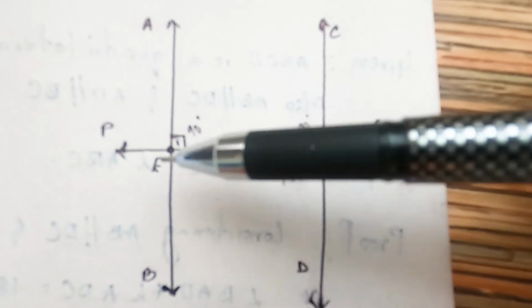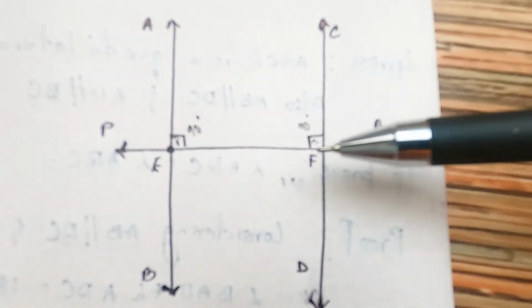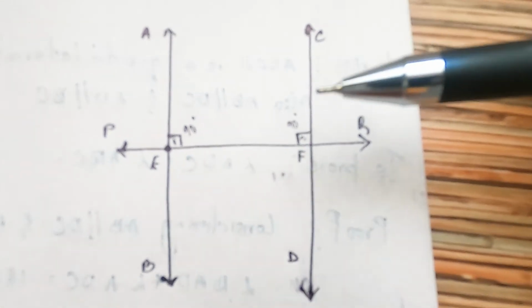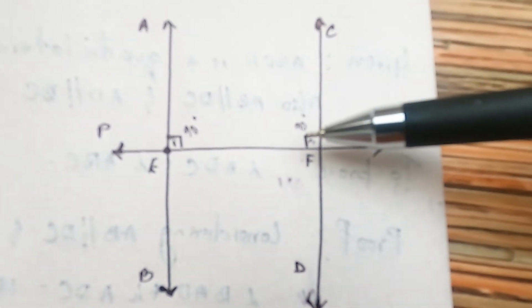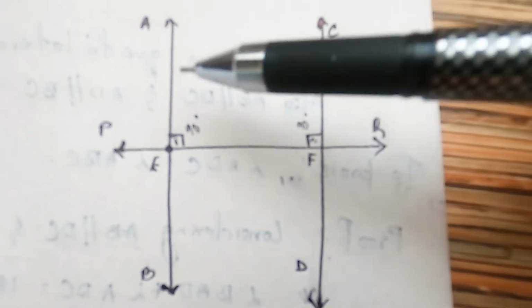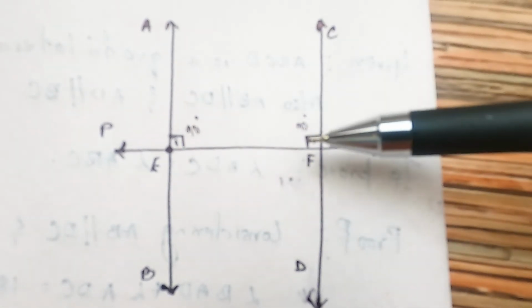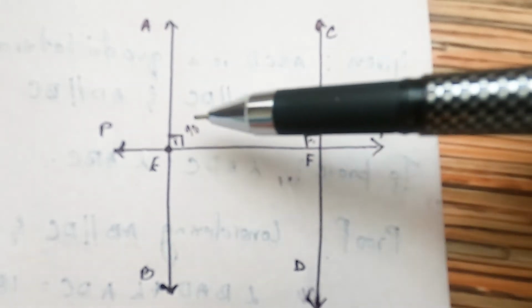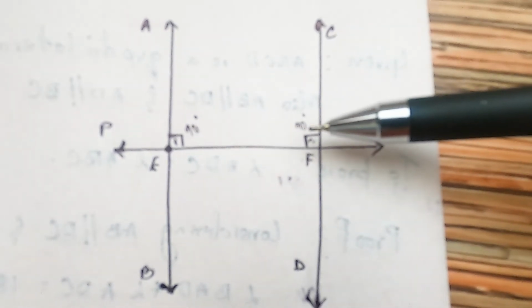Because AB is perpendicular to PQ, any angle formed by a perpendicular line will always be 90. Here also, same condition. Now we can see angle 1 and angle 2. When we add angle 1 and angle 2, 90 plus 90, how much are we getting?